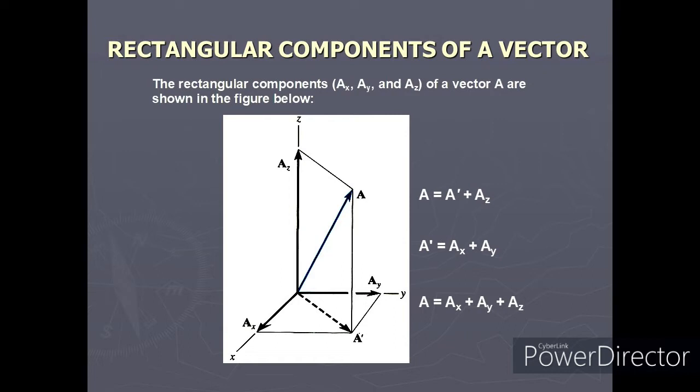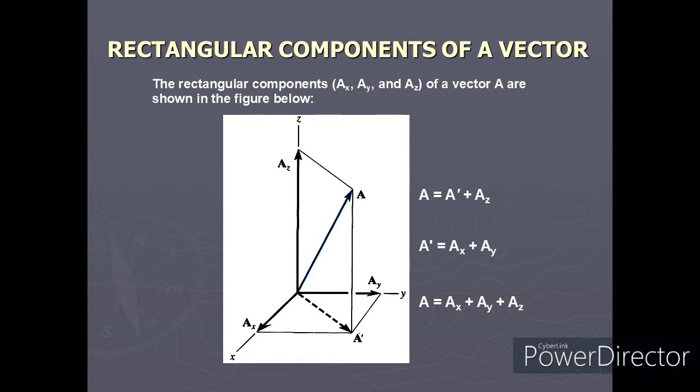Now the rectangular components of a vector, just similar to what we did for the components in 2D, where if we have x, y axes, you have a force in 2D. It has components, isn't it, Fx and Fy, right, along the axes. The same thing here. If you have a vector A, it has components along z, Az, Ay, and Ax.